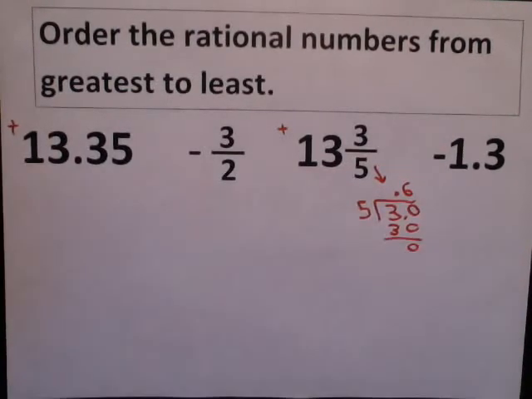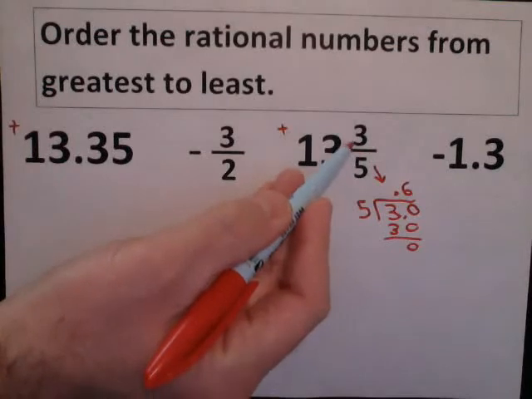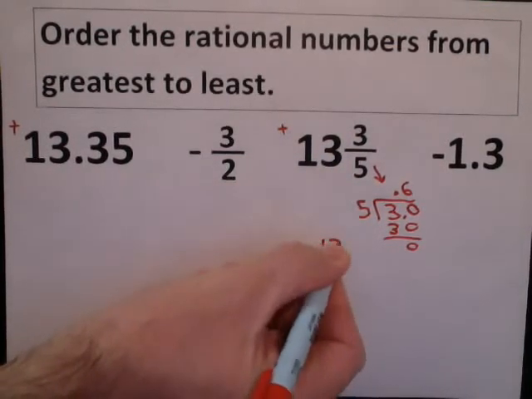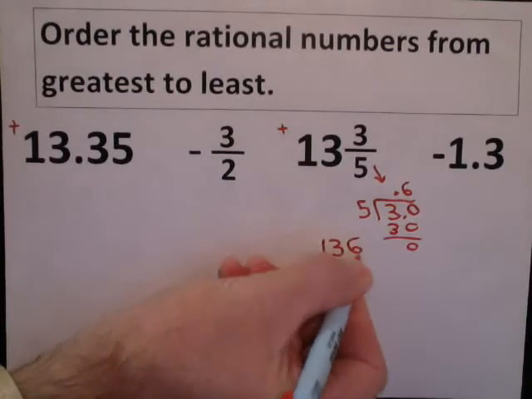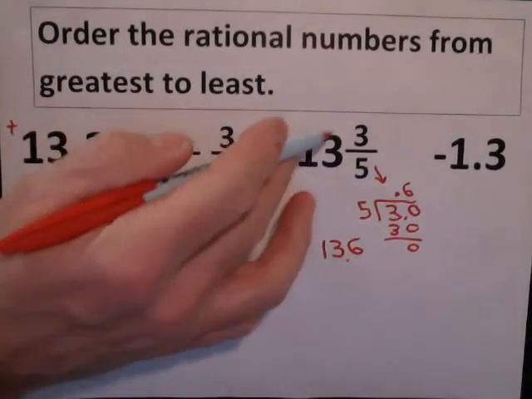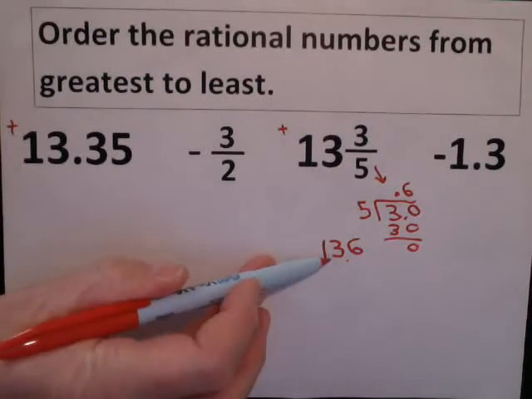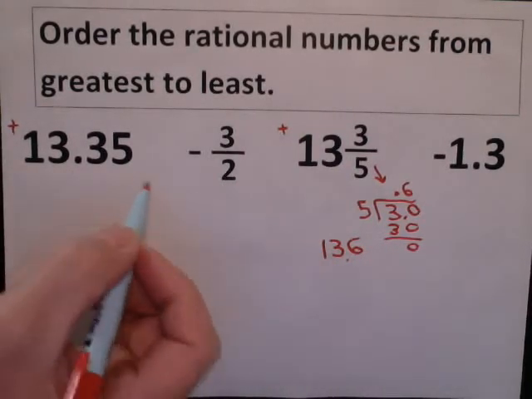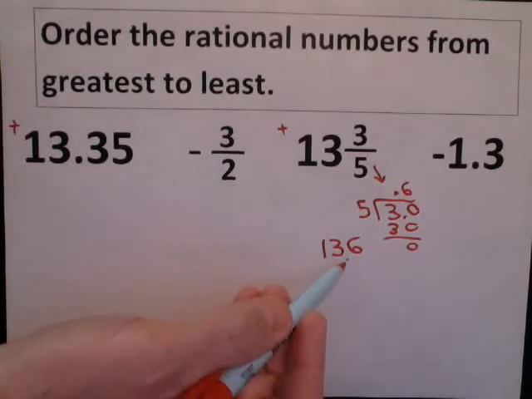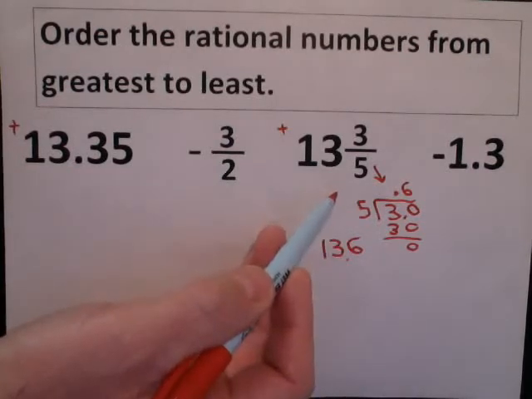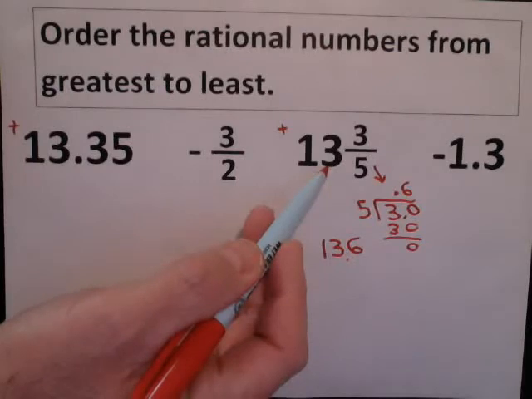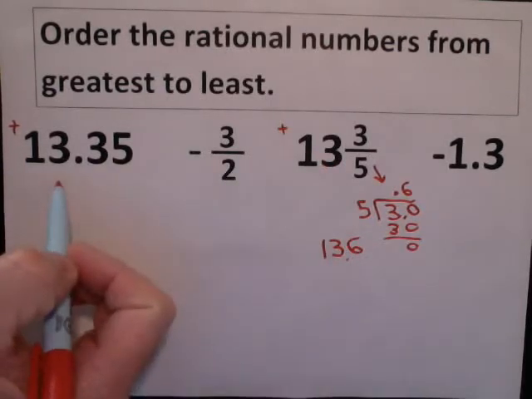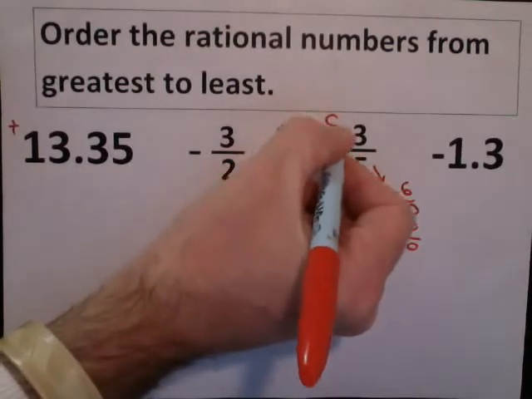So we terminate. So 13 and 3/5 is actually the same as 13 and 6/10. So now we can compare and say that this 13 and 3/5 is definitely greater than this. Alright, so this is our greatest number.